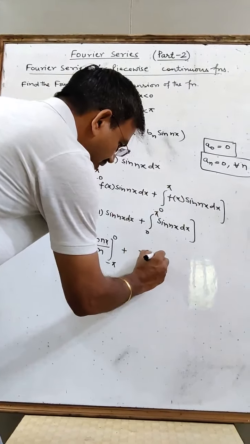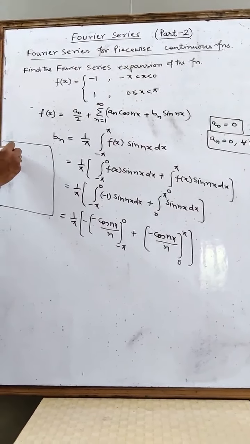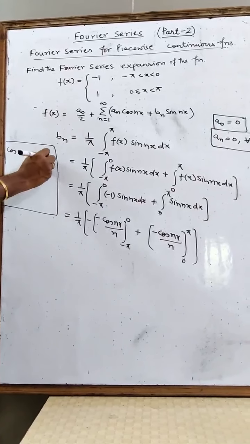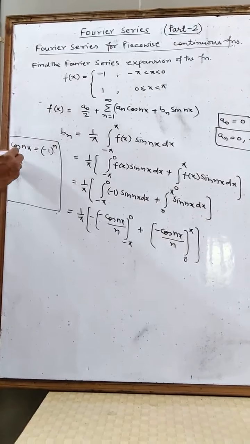And students, I am writing for you again, reminding you cos of n pi is equal to minus 1 raised to the power n, and it means if n is even, then cos of n pi would be equal to plus 1, and if n is odd, then cos of n pi would be equal to minus 1. And you already know, cos 0 is plus 1.